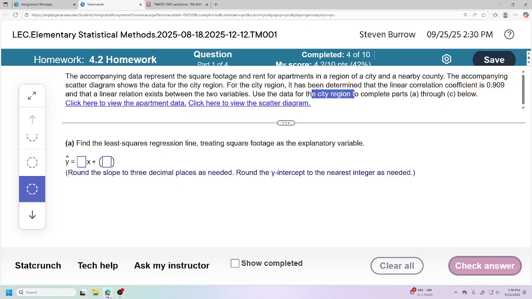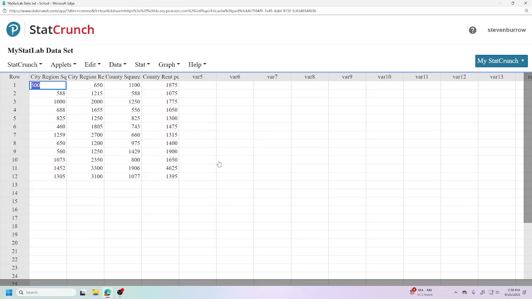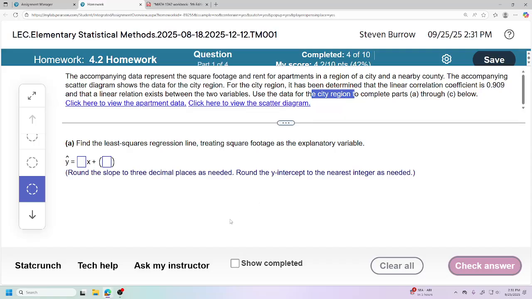So if you go back to StatCrunch for a second, keep that in mind as I go through this. Which one am I going to use? City, X, and Y. I'm literally doing this right in front of you. It means nothing. They're just there to confuse you. Are you feeling me? That's all we're doing. So same problem like 20 million times, and then you're done.